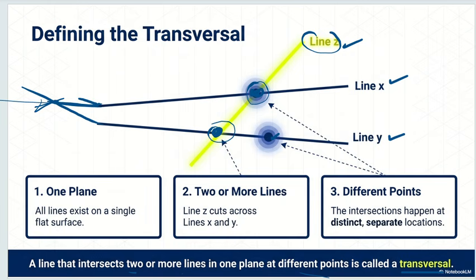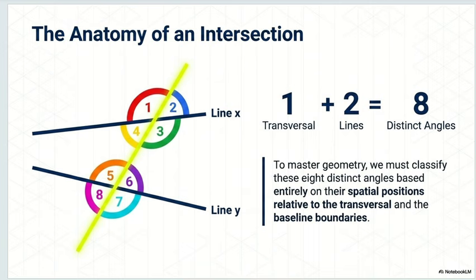Next we will move on to how many angles are formed by the transversal line when it cuts the two lines, or we can say when it intersects the two lines. Here you will see the line. This is the line Z. Okay, the line Z cuts the line X at this point and this point. You can see here there are different angles formed when we cut the line X and line Y with the help of the transversal line.